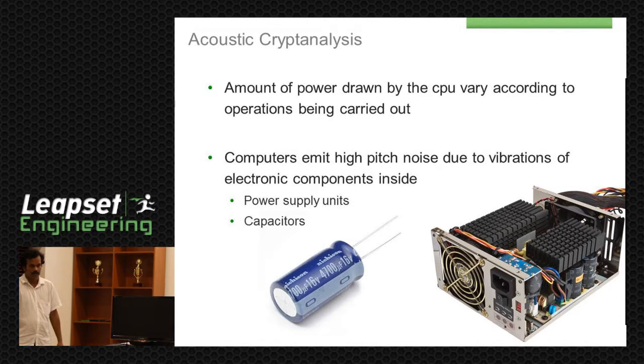Actually, people can only hear 1 hertz to 20 kilohertz, and these are in the 40 kilohertz range. So we can't hear them directly, but the capacitors and other electronic components in the power supply make these noises. We can use these noises to extract useful information about what is going on inside.